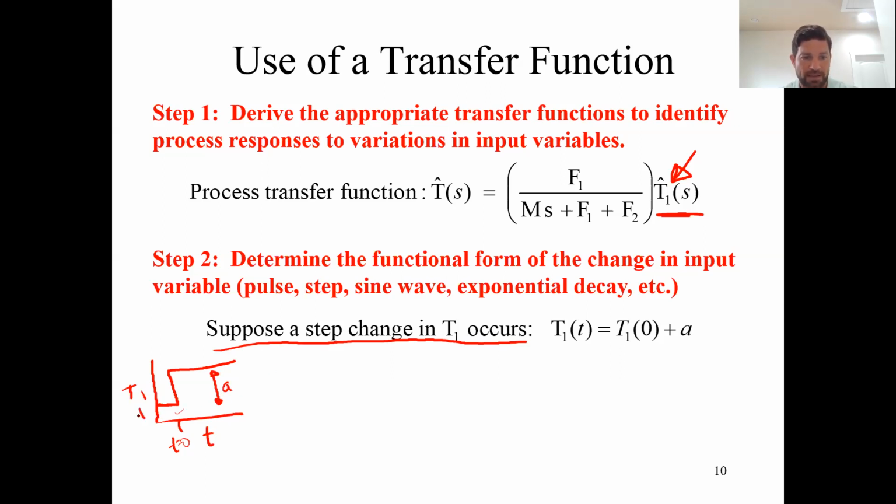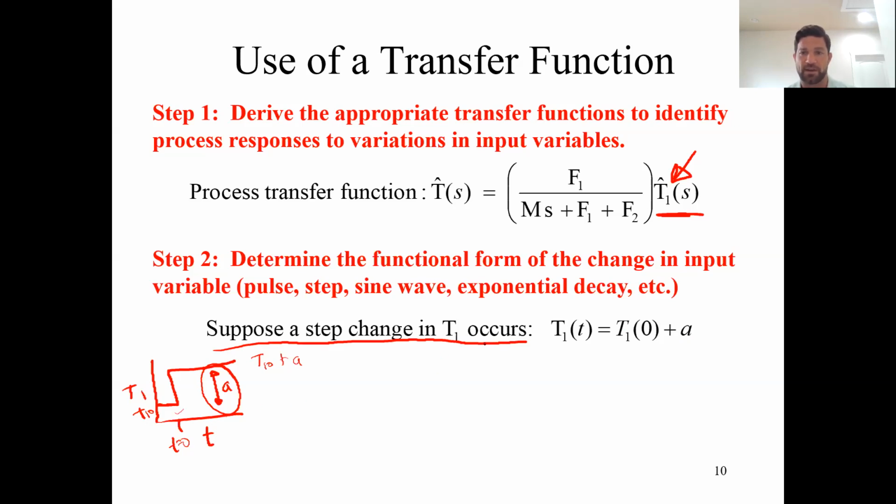What that would mean is that at some point we were at T1,0, and now our new condition is T1,0 plus A. But because we're in terms of deviation variable, it's going to be this change. If we want to write this as a function T1 of t, the representation for T1 as a function of t is going to be T1,0 plus A, applied at t equals 0.